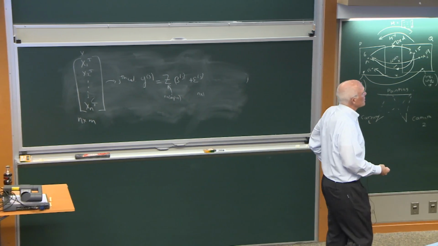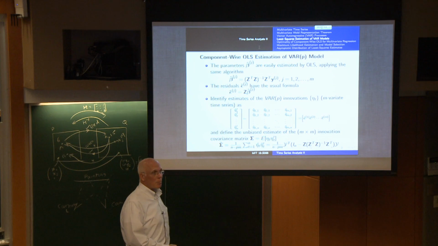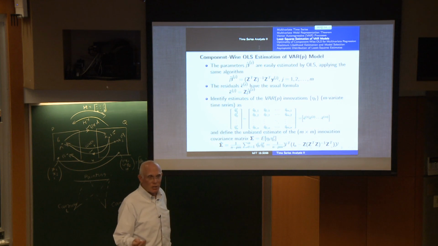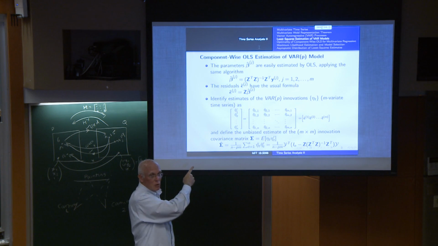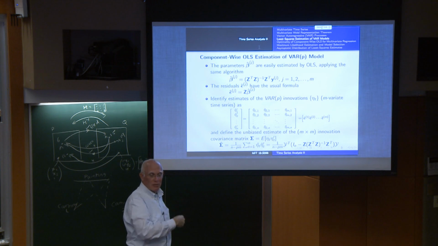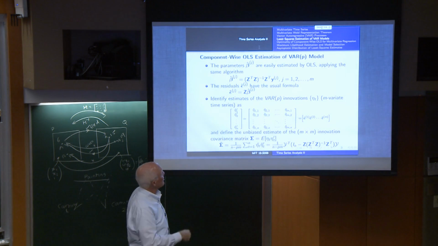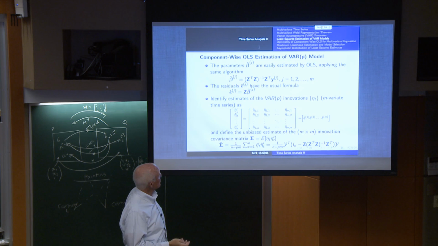So, if we don't know anything about multivariate regression, we can say, let's start by just doing the univariate regression of each component series on the lags. And so we get our beta hat j's, least squares estimates, given by the usual formula where the independent variables matrix Z goes (Z transpose Z) inverse Z transpose y, with the residuals. So these are familiar formulas.